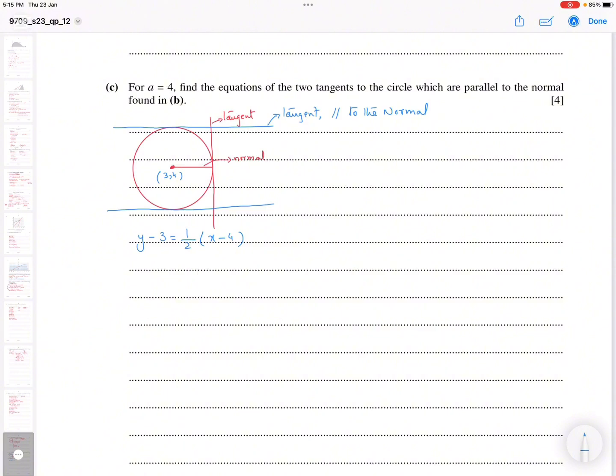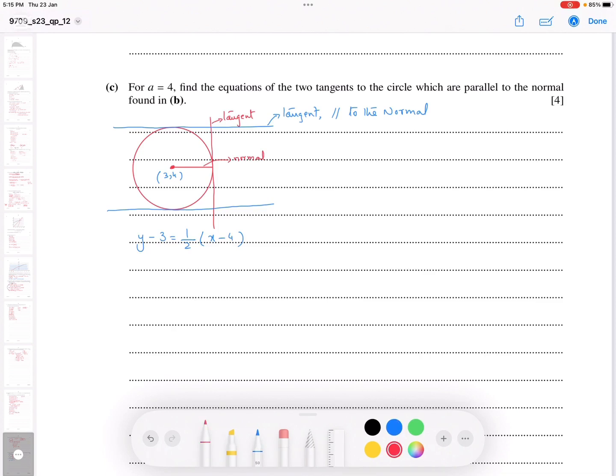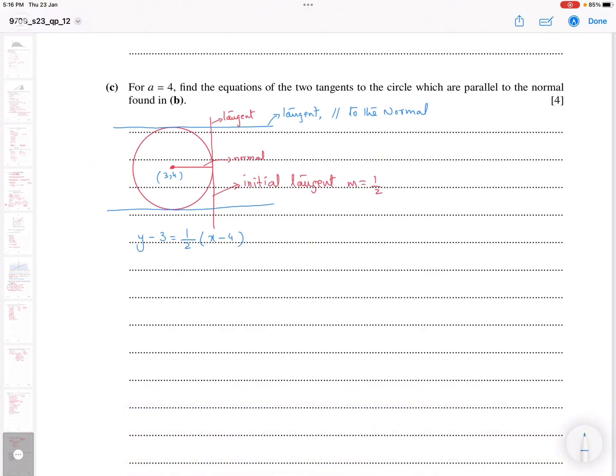Our initial tangent was red, and its gradient was 1 by 2. That gradient I'm using here. So from here my equation becomes 2y minus 6 is equal to x minus 4, and 2y equals x plus 2.